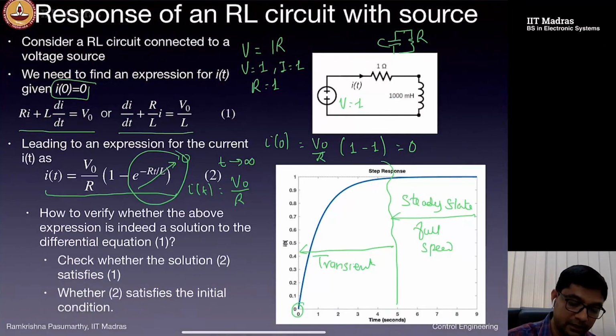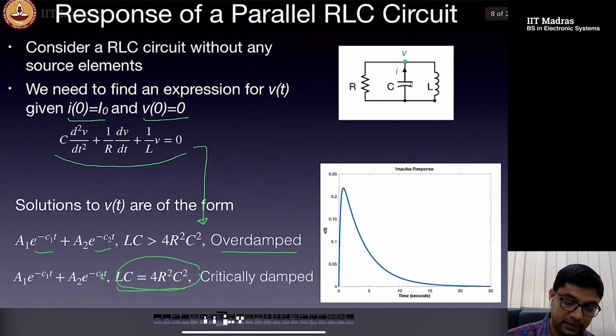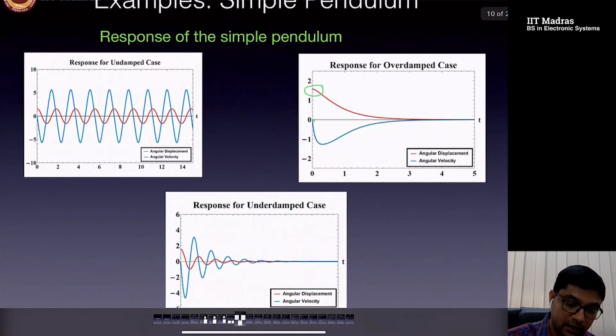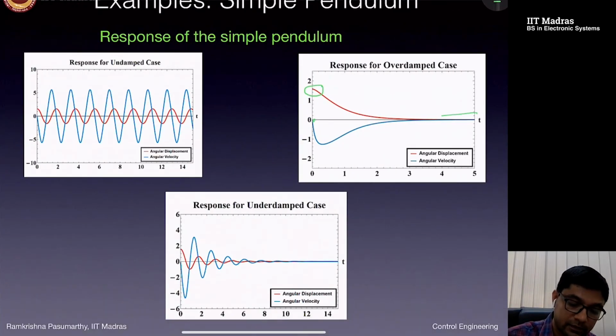Similarly, here I had the RL circuit with a voltage source. The current settled down to a value of 1. Similarly, here the voltage just goes to 0. Even in this case, the voltage goes to 0. So all these are kind of steady state values, or the final values also, as we call them.